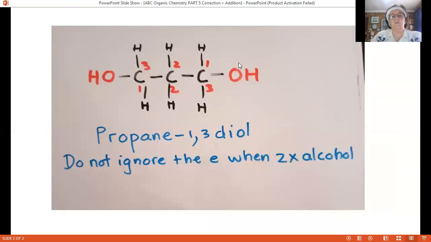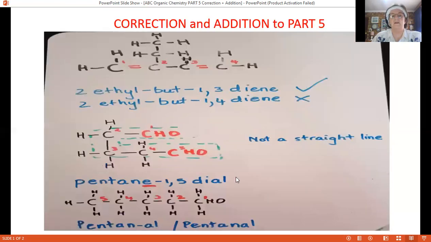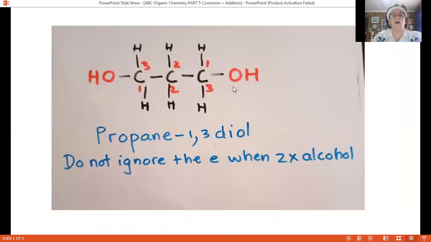Another example where we've got an alcohol. Right. So I just want to show you the difference. Remember, the aldehyde is CHO, and the alcohol is OH. So the suffix then being ol. So here we've got only 3 carbons. So we do not remove the E. So it's propane-1,3-diol.